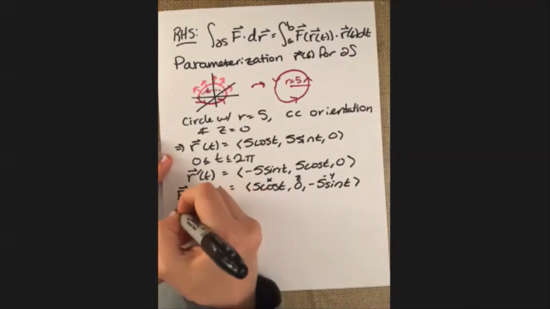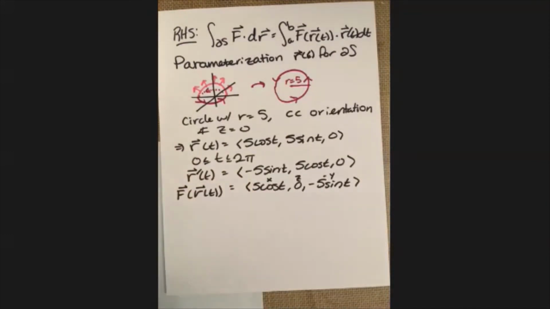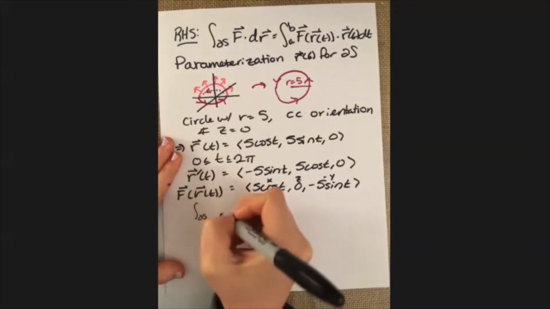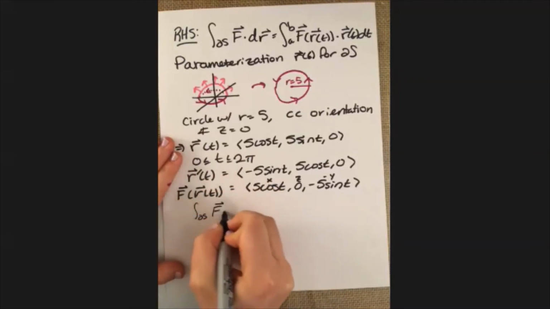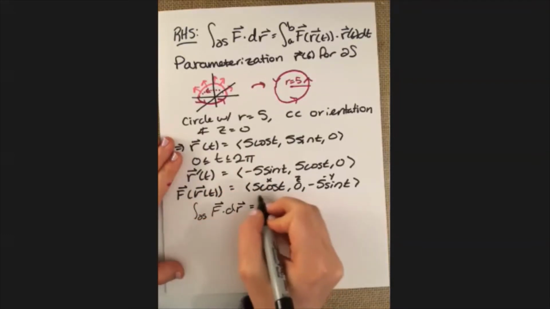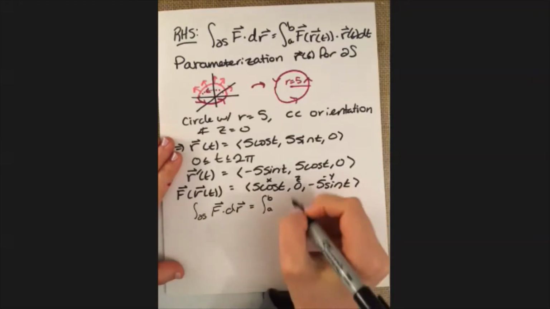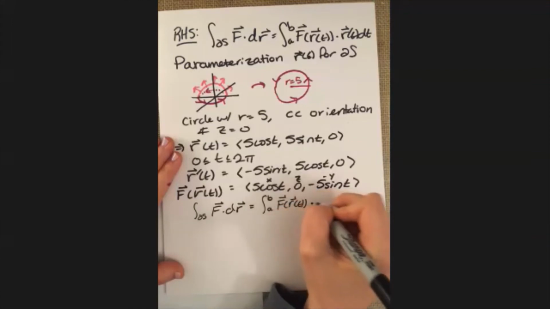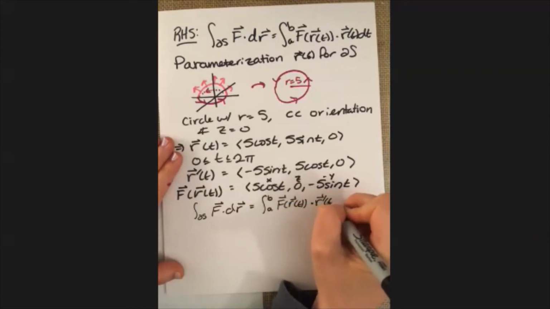So the integral over the boundary of S of f dot dr, we rewrote as the integral from a to b of f of r of t dotted with r prime of t dt.